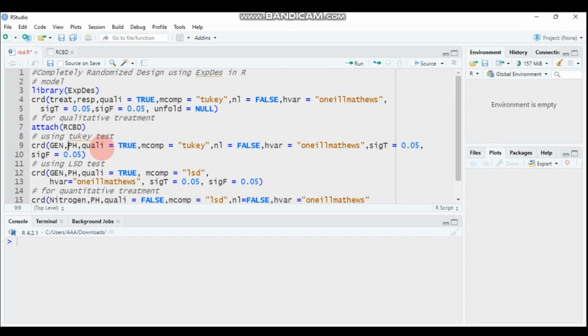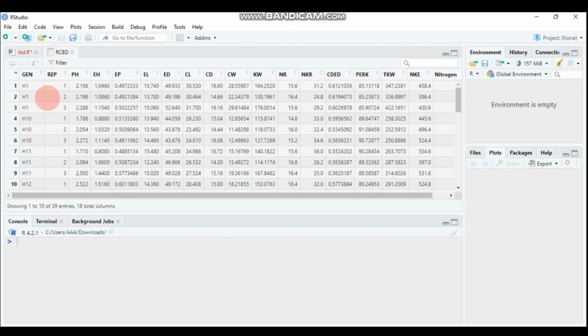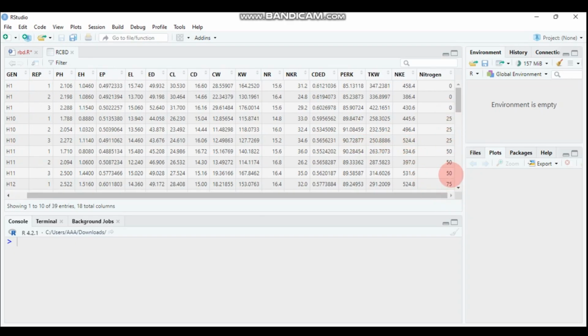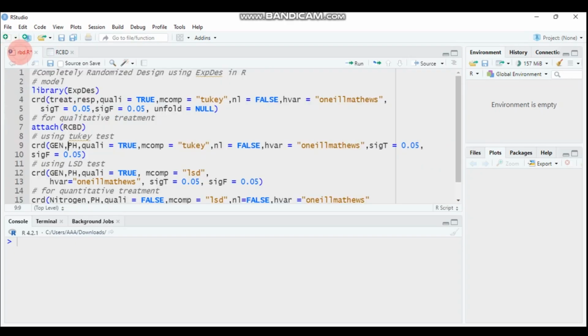It's obvious, because as you can see here, H1, H10, H11, H12 are designated by letters instead of numerical values like nitrogen. Then the multicomp, if you remember from the previous tutorial, there are a number of multiple comparison tests like Tukey, like Duncan, like the least significant difference, and any other.